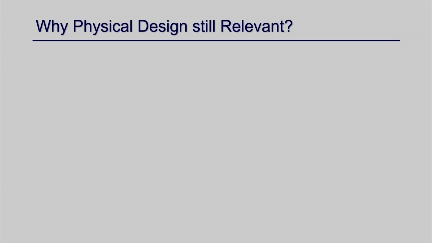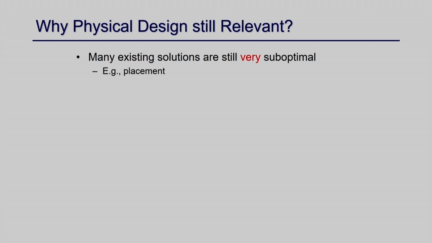So now if you move on, you can see that for physical synthesis, all the industry tools are available, right? They are already matured and working fine, so why do we need to think more about physical design? Why is this still relevant? The point here is that yes, placement and all those things are available, but they are suboptimal, and they may not always work, right?